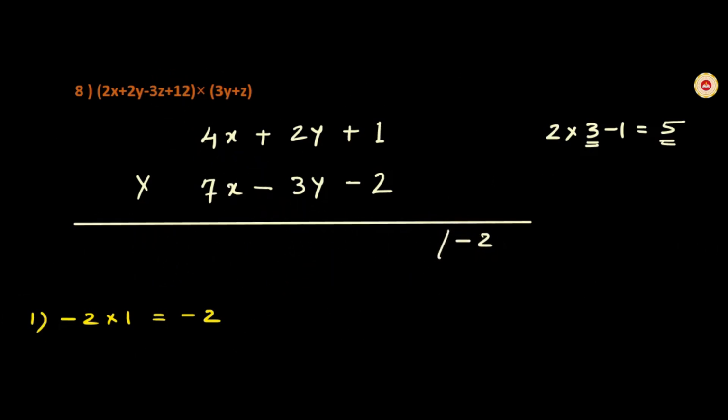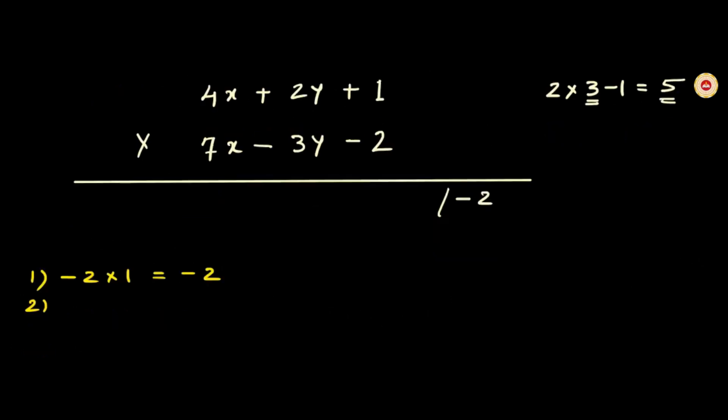Okay, now second step is, yes, join second column from right side to first column. Now there are two columns, and how do we multiply the terms when there are two columns? Crosswise. Okay, crosswise. So minus 2 multiplied by 2y plus minus 3 multiplied by 1.